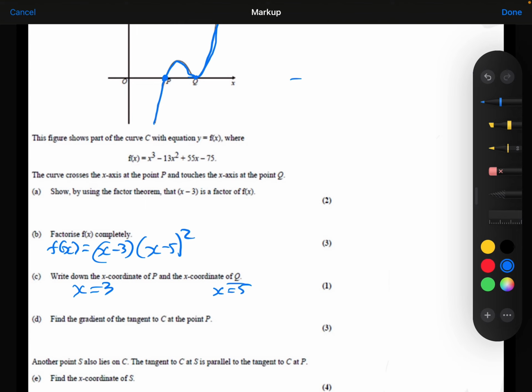Part D. Find the gradient of the tangent to C at the point P. So we want the gradient of the tangent to the curve at point P. So that's going to look something like this, the tangent to the curve at the point P. What's the gradient of this straight line here? Remember, the tangent just touches the curve, so it will have the same gradient as the curve at point P. Well, to work out the gradient, we can differentiate our function to get the gradient function.